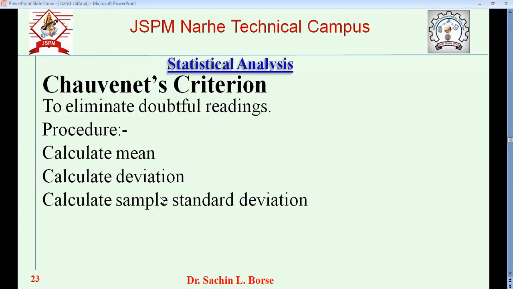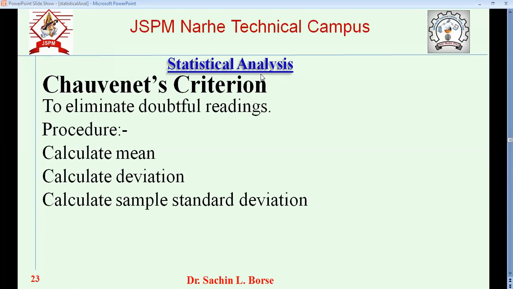Now we will see one more topic, that is Chauvenet's criterion. We use Chauvenet's criterion to reject doubtful readings. When we take a reading, many factors affect it, like error in the instrument or error in observing the reading.